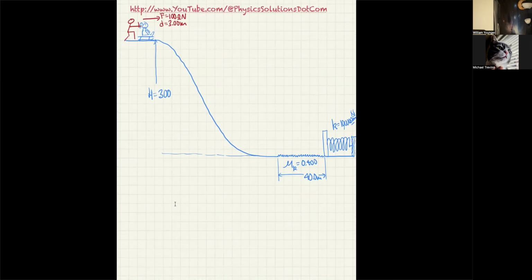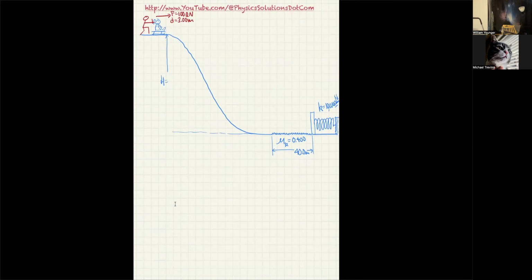H equals 200 meters. And that's the height from here to here. And we're going to say the little girl and her sled has a mass of 75.0 kilograms.